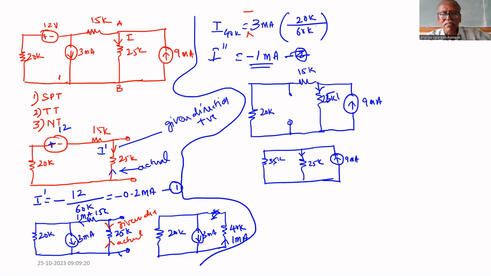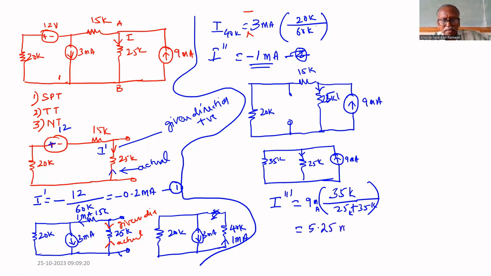That's why the other branch resistance divided by the sum of resistances. Therefore, I triple dash equals 9 milliampere multiplied by the other branch resistance divided by the sum of resistances, 25 plus 35, 60K. That is equal to 5.25 milliampere.